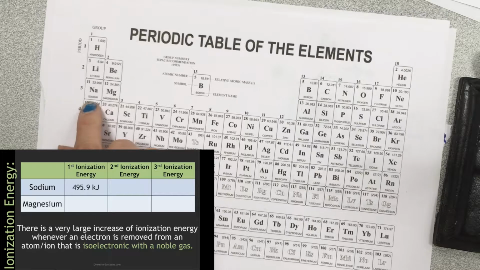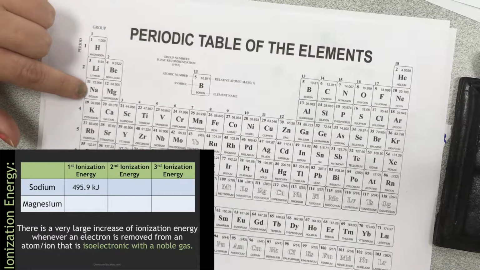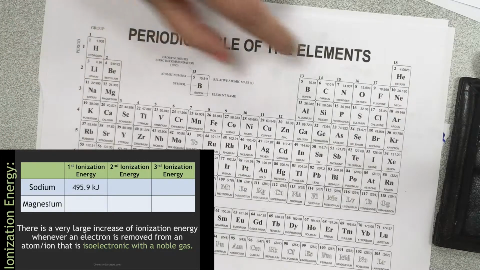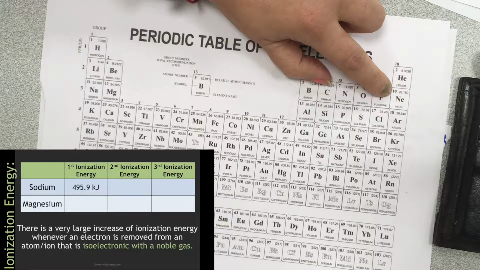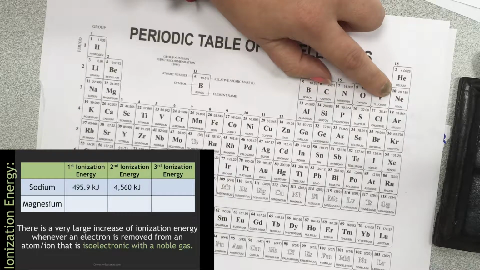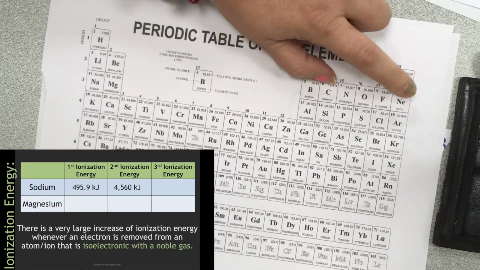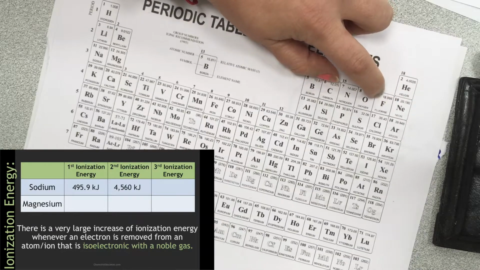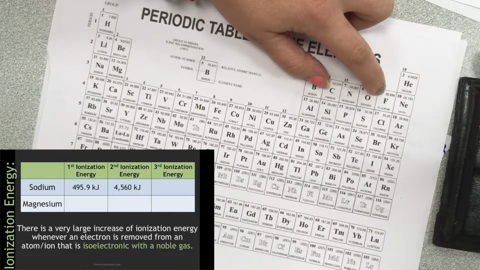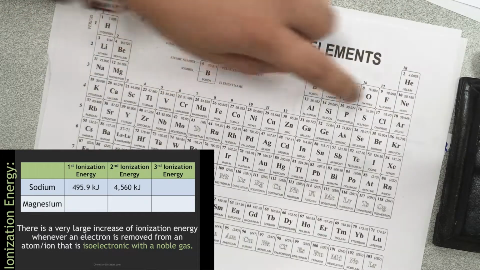And if you look here, you'll see sodium. If you take off an electron, it's going to become like neon. It's not going to require a ton of energy. And if you see the second ionization energy, to pluck an electron from sodium when it's isoelectronic with neon, that's going to take a ton of energy. Look how much more energy it takes to take off that second electron.